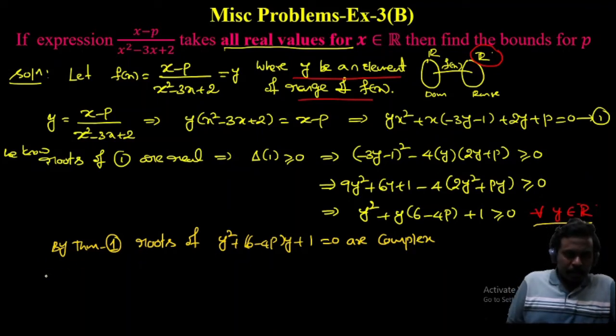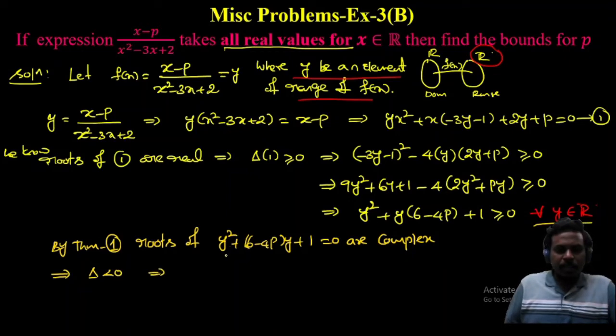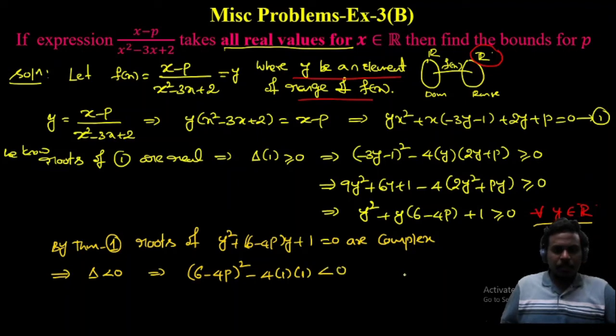So when are the roots complex? When delta is less than 0. The discriminant of this expression, b square minus 4ac, is 6 minus 4p whole square minus 4 into 1 into 1, which must be less than 0.